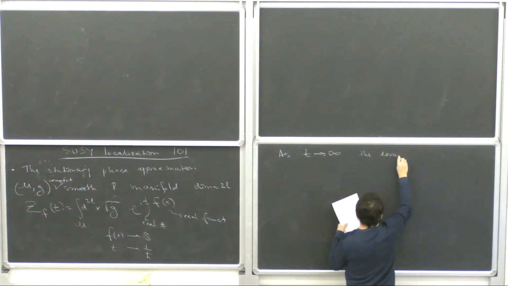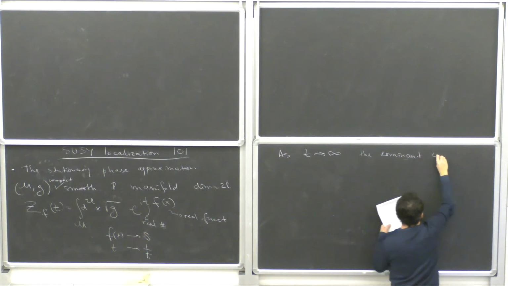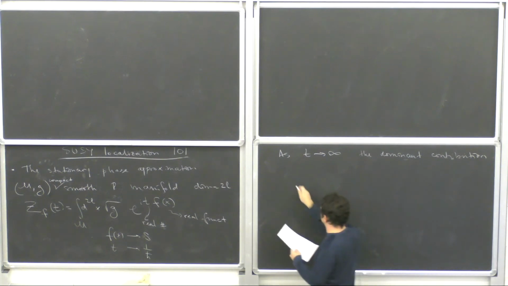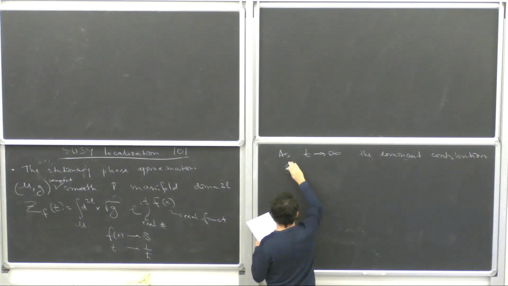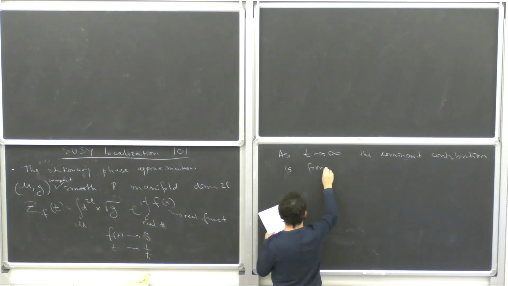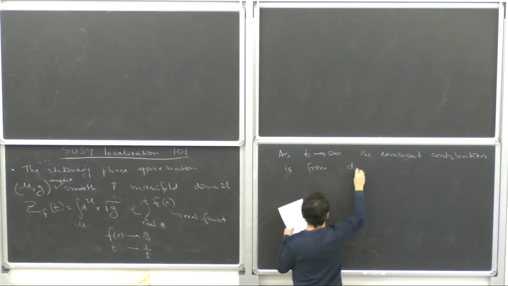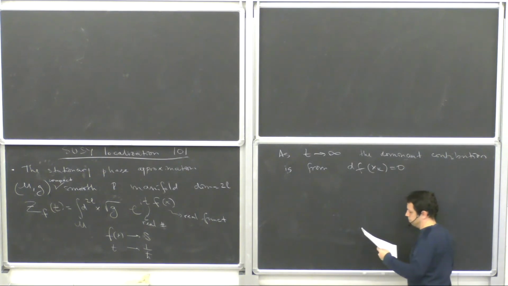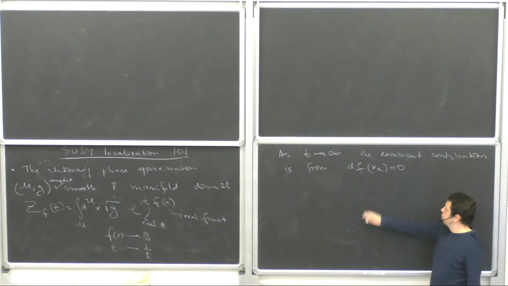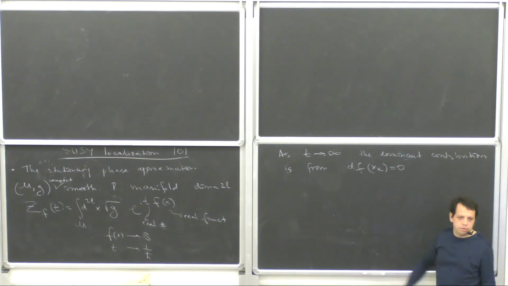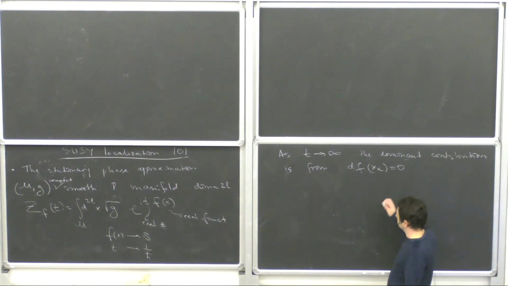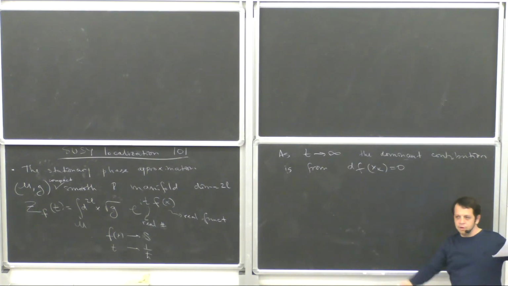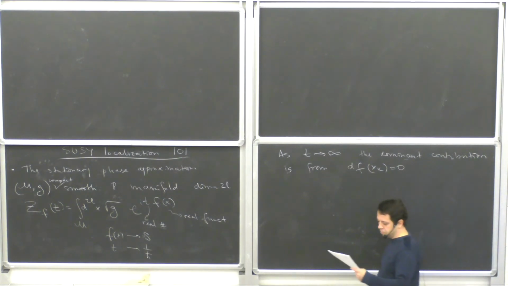The dominant contribution is from the points where df at some point x_k vanishes. Okay? So for the moment, assume that these are isolated points, just for the sake of argument. You can do this, of course, for whatever loci of isolated points. It can be made much more precise.